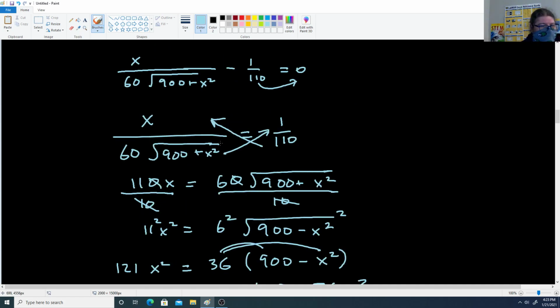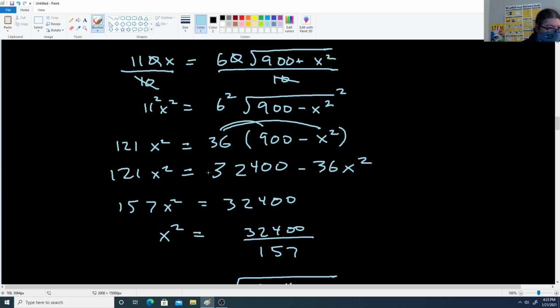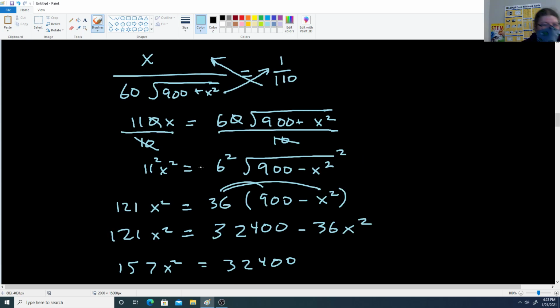Let me see. 11 squared is 121, right? 6 squared is 36, should be. And then, let's see, oh, here's where I made a mistake.